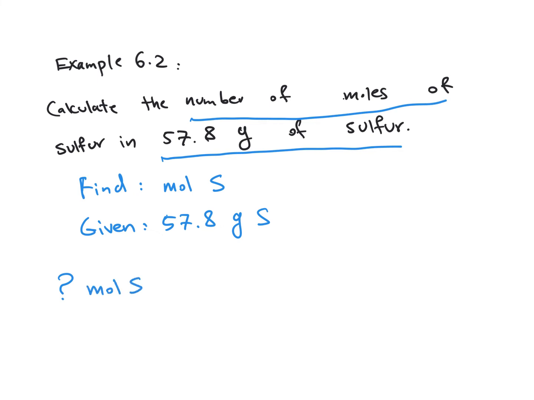How many moles of sulfur equals what you are given? 57.8 gram of sulfur. Multiply that by, so now how can I convert gram to mole?